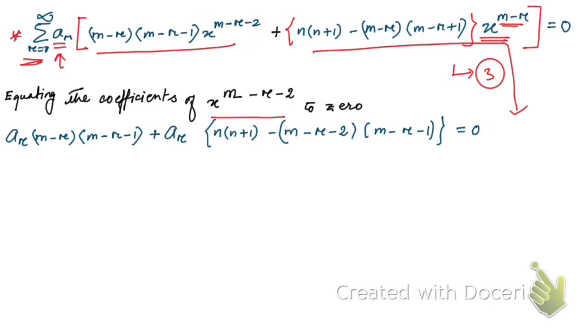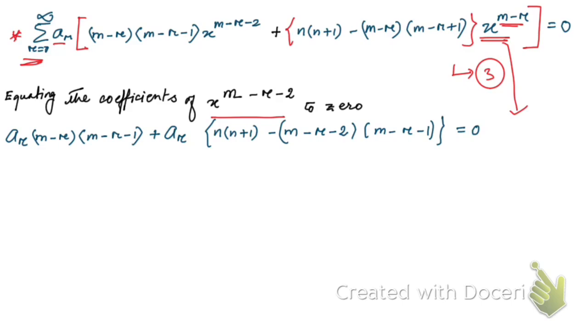Actually, the summation of this series will contain x to the power m minus r minus 2, then, in descending order, m minus r minus 3, and so on, right? So we're taking only this term. That's why we don't need to write the summation here while equating the coefficients of a particular power of x, okay? So hope you have understood this.